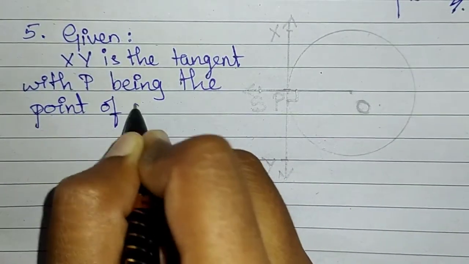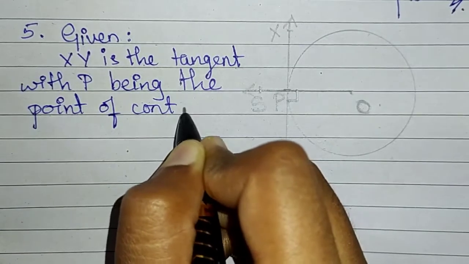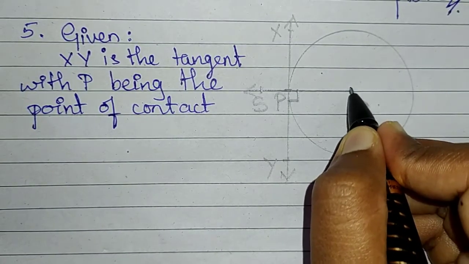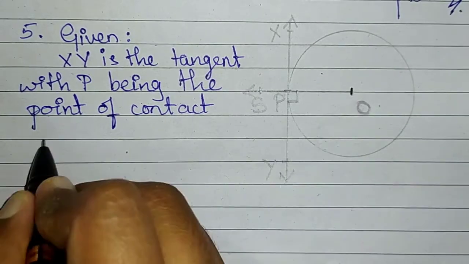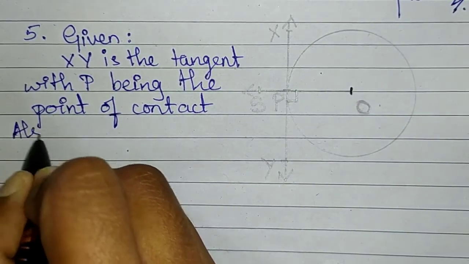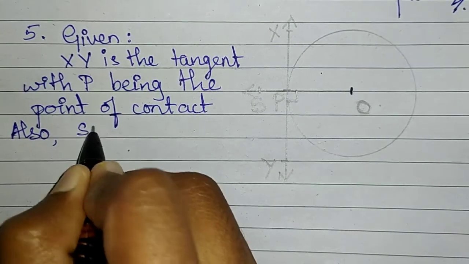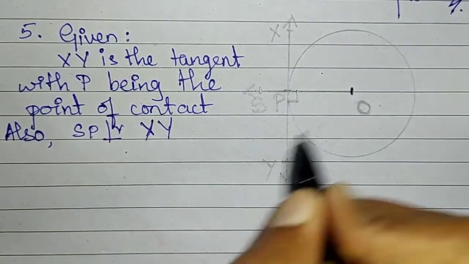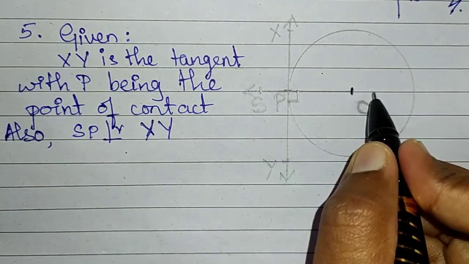Also, SP is perpendicular to XY. We have to prove that this SP passes through O.